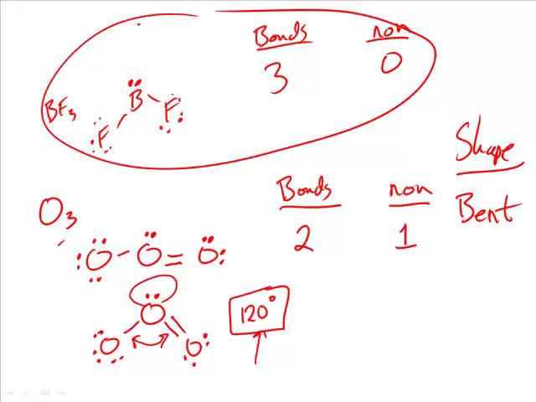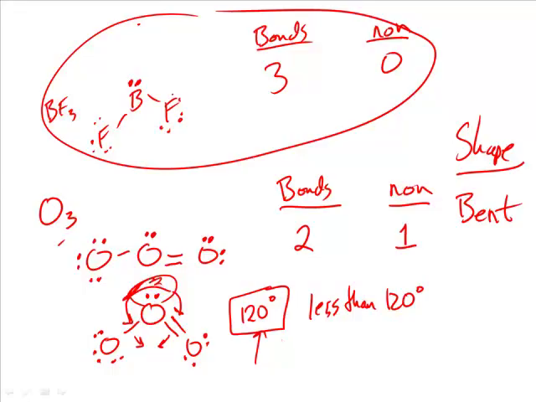And electrons repel each other. So these electrons that are now a little bit freer to move around are repelling those electrons, and they're repelling these electrons, which pushes this bond closer together. So that bond is actually going to get a little bit smaller. So it's going to be less than 120 degrees.